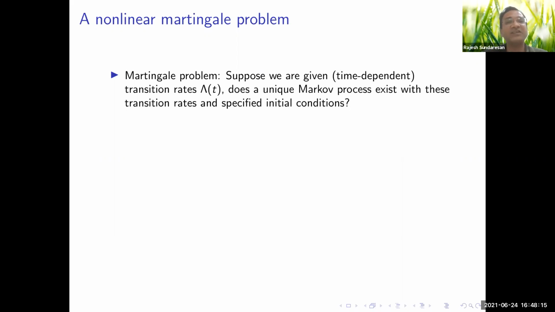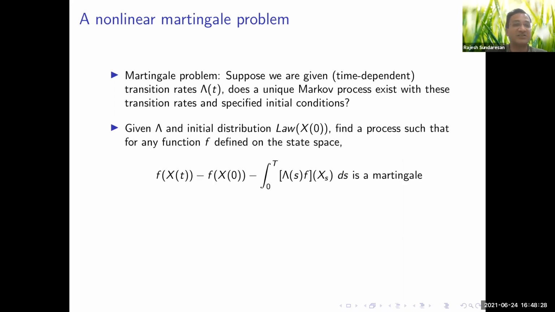In this particular context, suppose we are given time dependent transition rates, which I call Λ(t). The question is about existence of a Markov process with these transition rates and specified initial conditions.